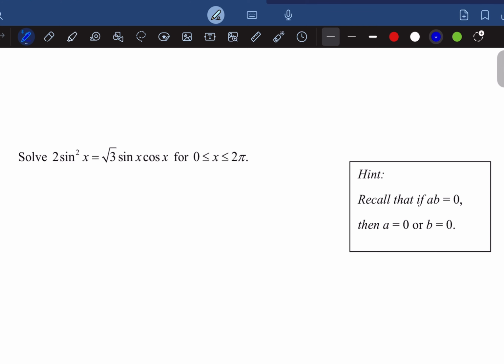Over here, this is very similar to, for example, maybe 2x squared equals square root 3x, then maybe y, for example.